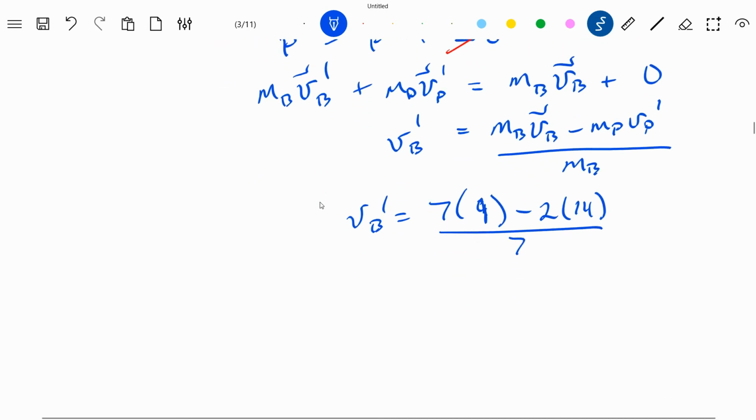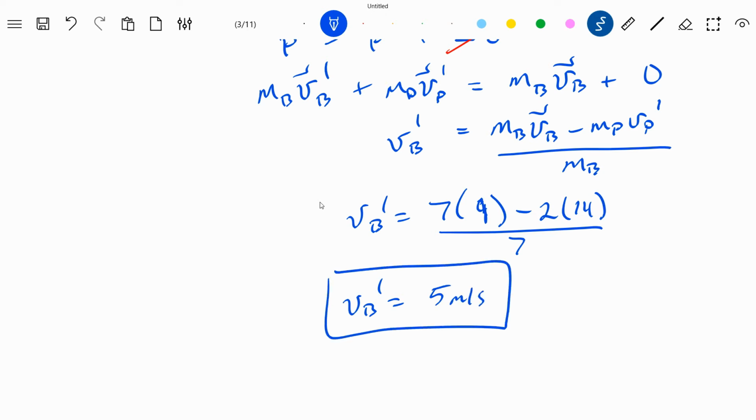Grab a calculator: 7 times 9, minus 2 times 14, all over 7. So 5 meters per second, there we go.